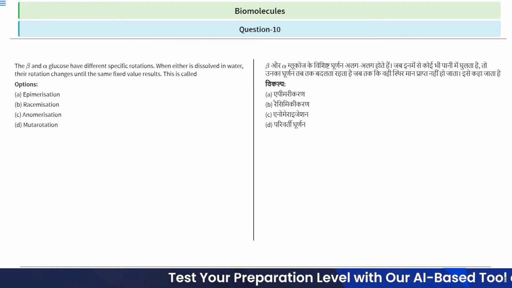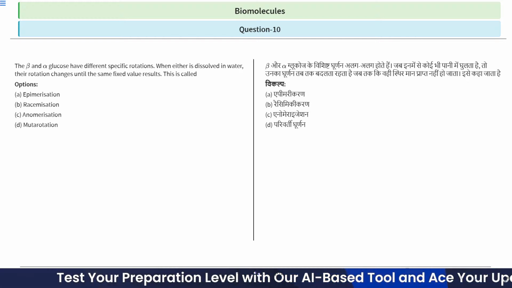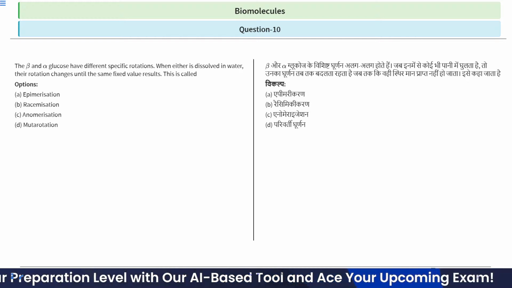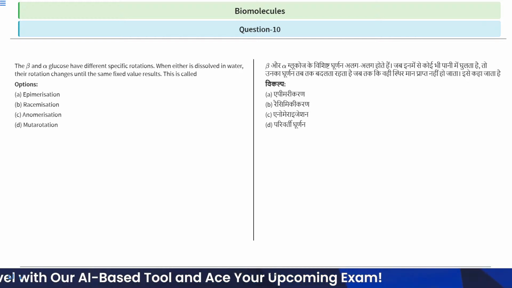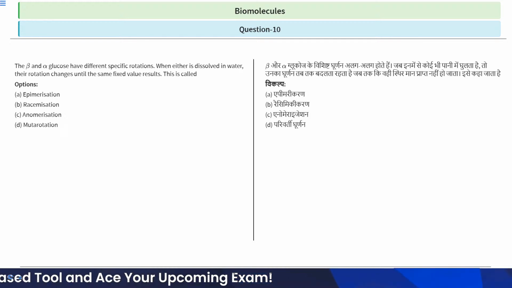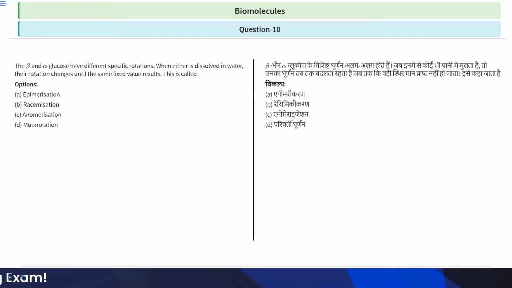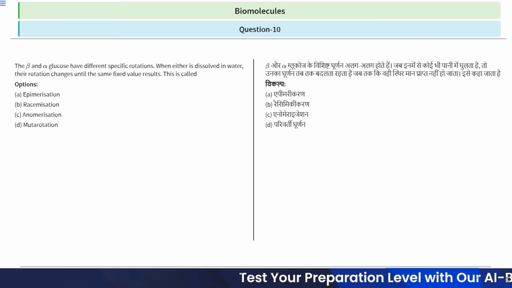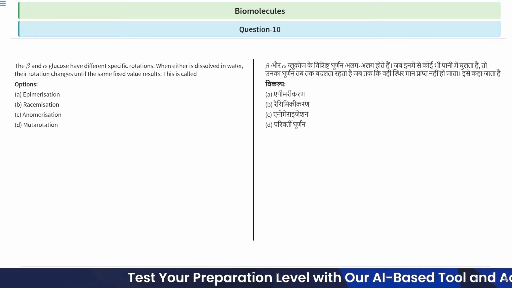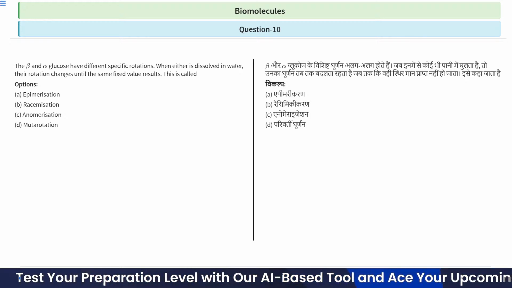The rotation will keep on changing when we dissolve alpha glucose or beta glucose in the water until that fixed value results. So what is this called? Options are epimerization, racemization, anomerization, or mutarotation. You have 10 seconds to think about this question. After that, we will see the answer.